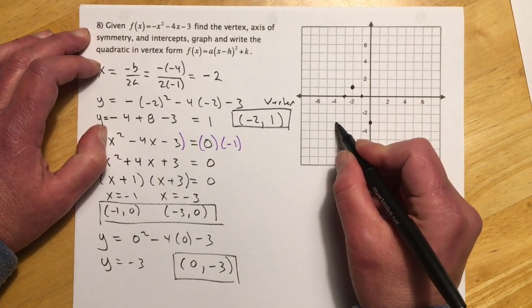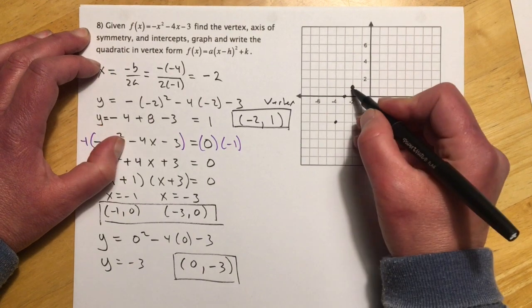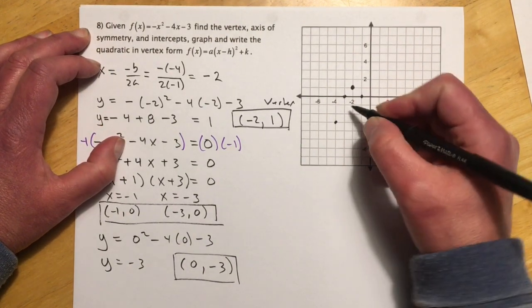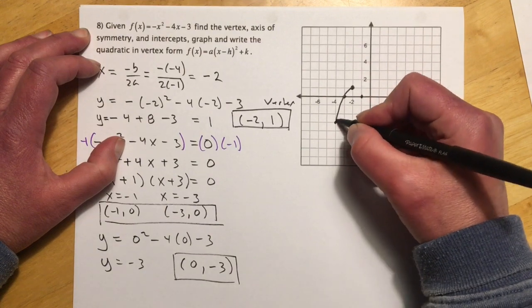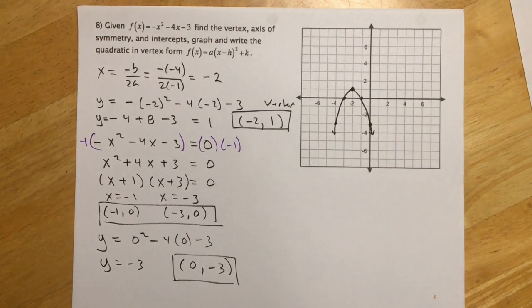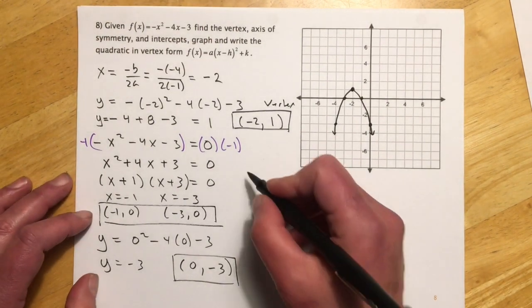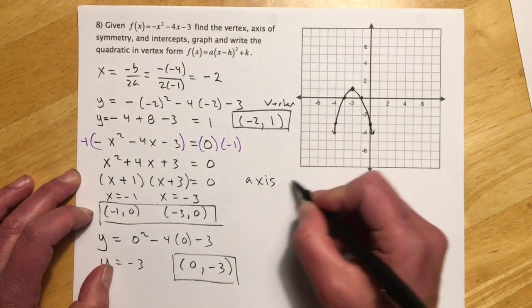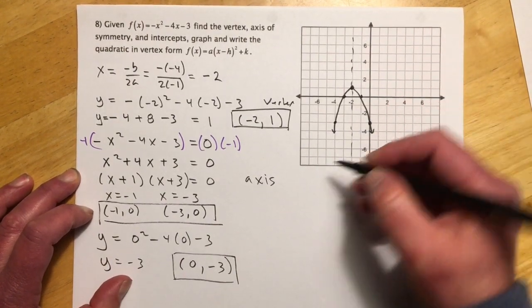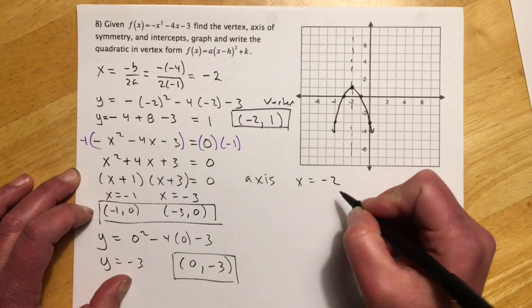And we know parabolas are symmetrical, so I'd have another point right there. And you can see we're getting the over 1, down 1, over 1, down 3 that we saw in 1.5. So this should look kind of like that. Axis of symmetry is going to be right there. So that's x equals negative 2.